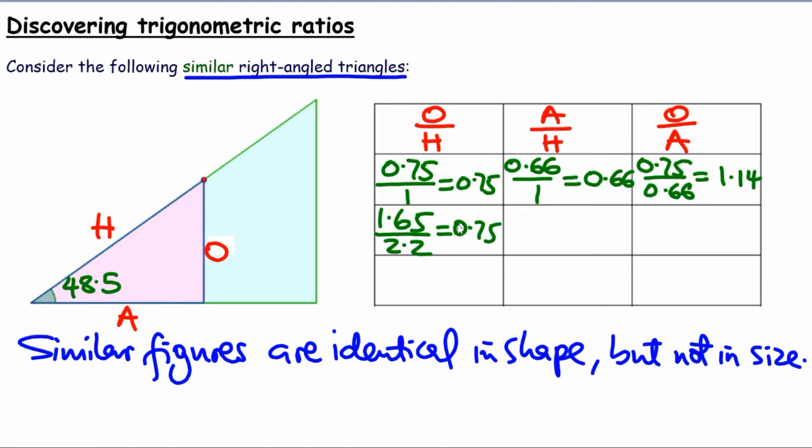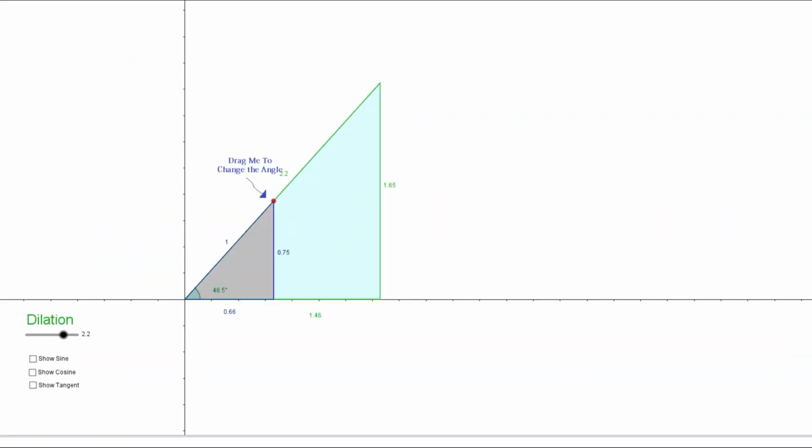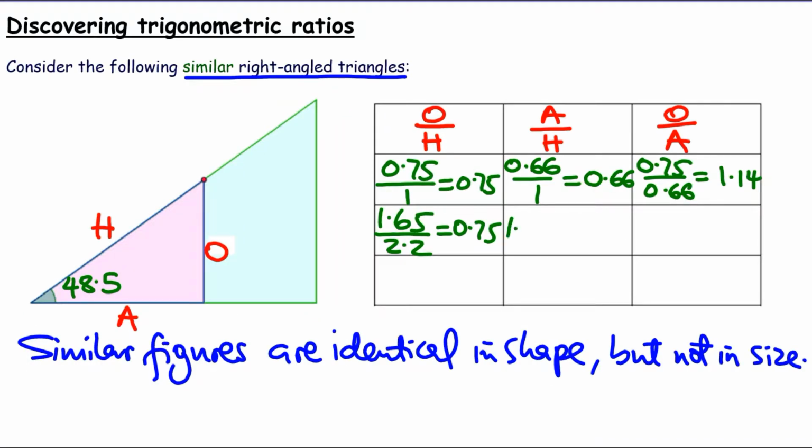Let's carry on. Next we have adjacent over hypotenuse, which is 1.46 divided by 2.2. Again, I have to plug this in the calculator.